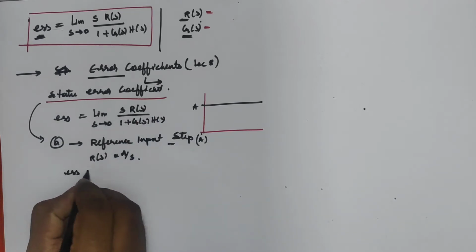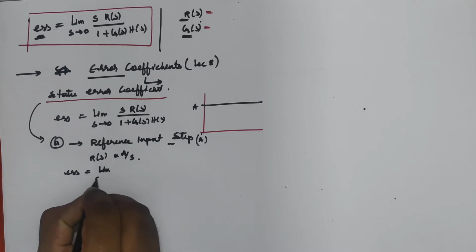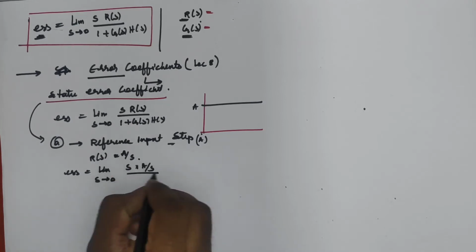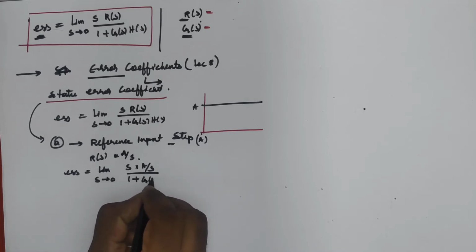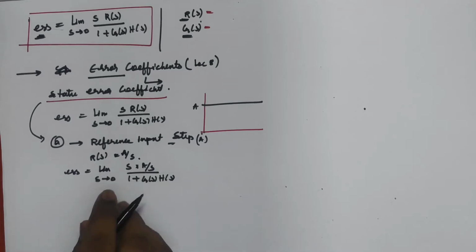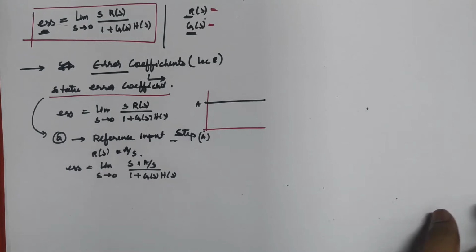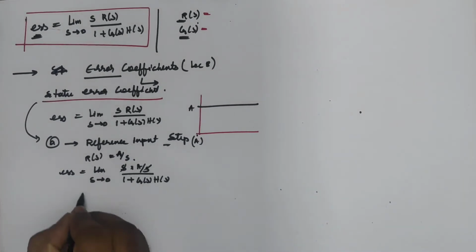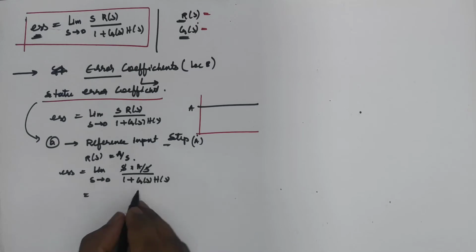So limit s tends to 0 of s into A by s by 1 plus G(s) H(s). Now after this, the A gets cancelled and the s gets cancelled, and we have a system only with the signal in G(s).